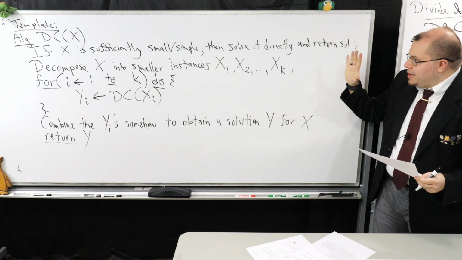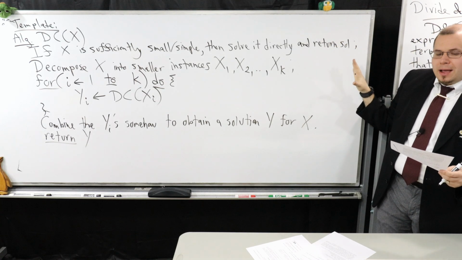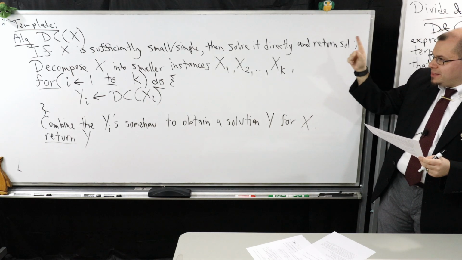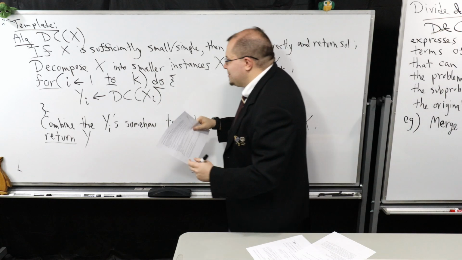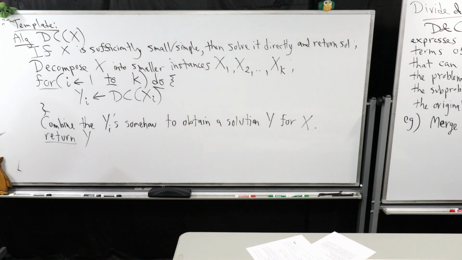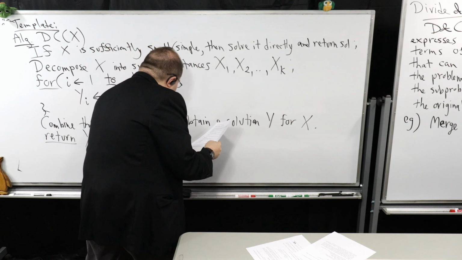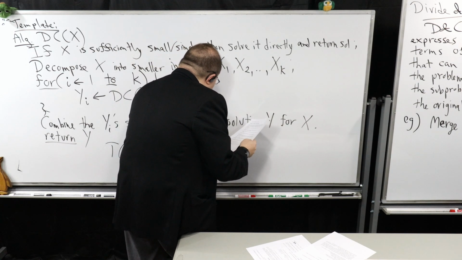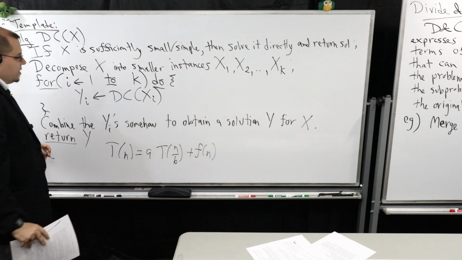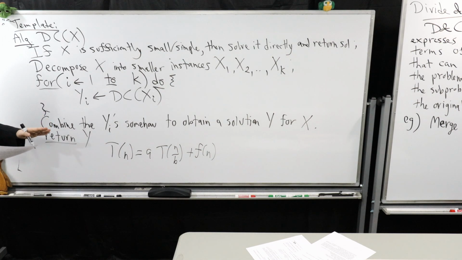I'm going to have more details in the notes, but if you look at our recurrence relation that we formulated before, T(n) = aT(n/b) + f(n), the a is the number of times we split it into a smaller piece, n/b is the size of that piece, and f(n) is the work that happens around here.